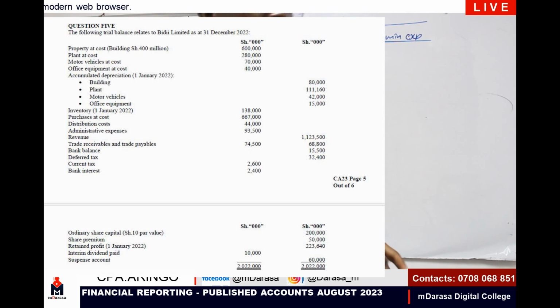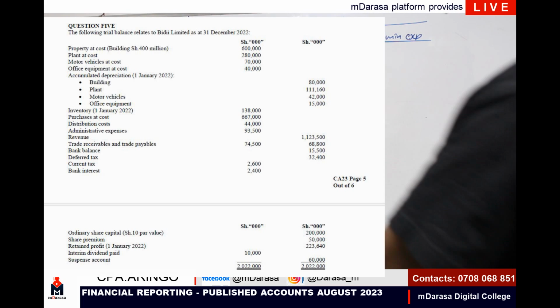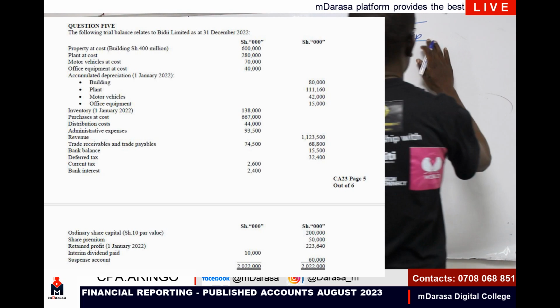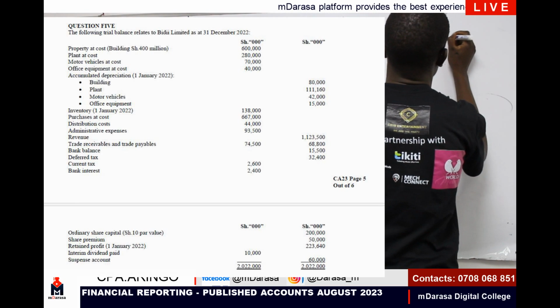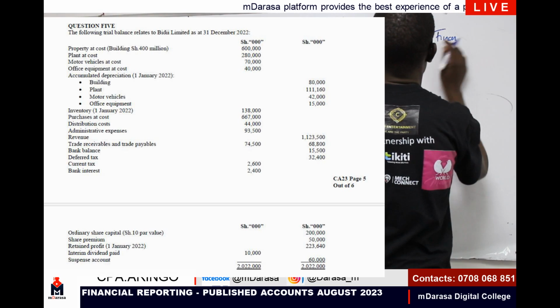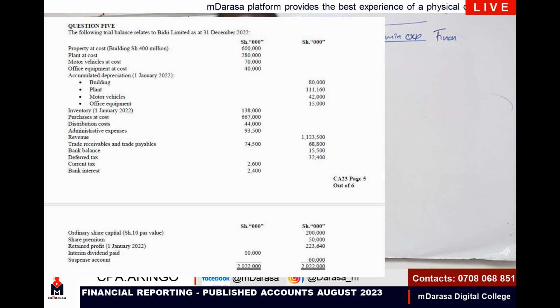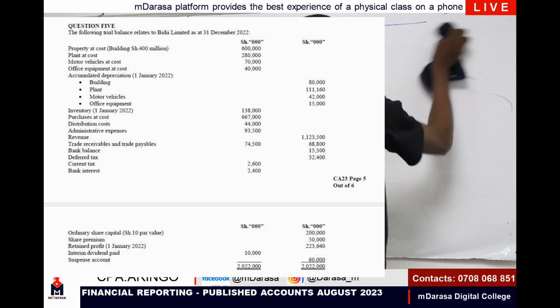What else am I given there? I can see I'm having bank interest, which is our finance cost, right? So this is admin expense, then we're having our finance cost.